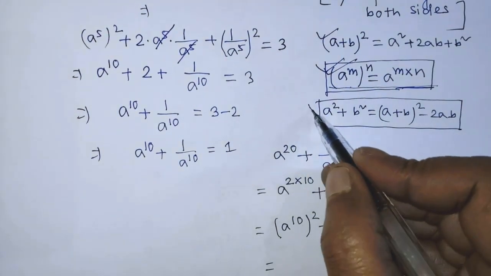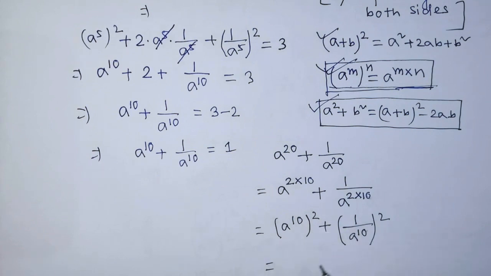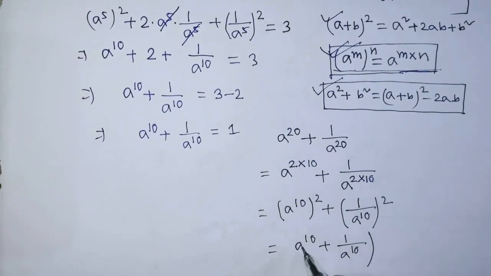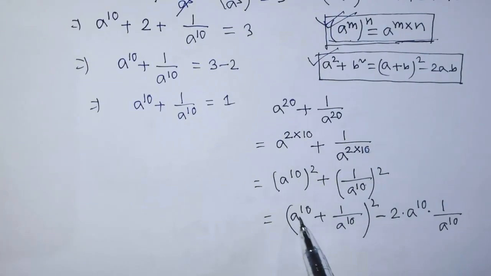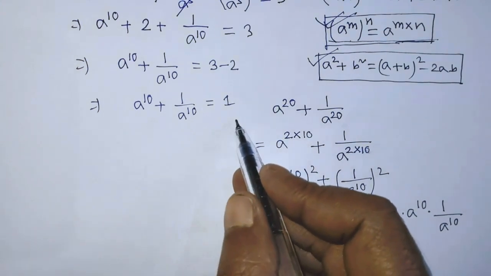So student, according to this formula we can write from this algebraic expression (a to the power 10 plus 1 over a to the power 10) whole to the power 2 minus 2 times a to the power 10 times 1 over a to the power 10. Then the value of a to the power 10 plus 1 over a to the power 10 is 1.